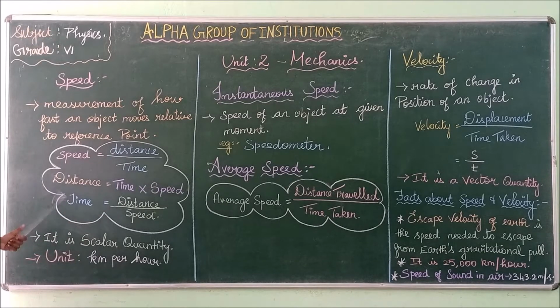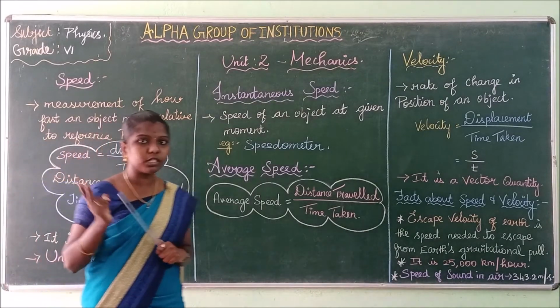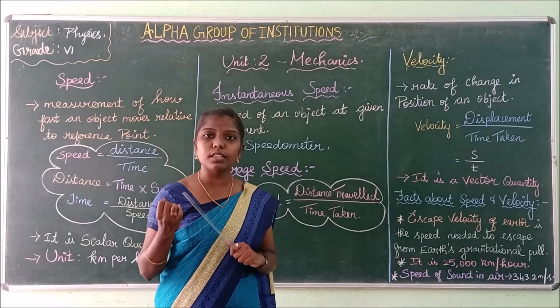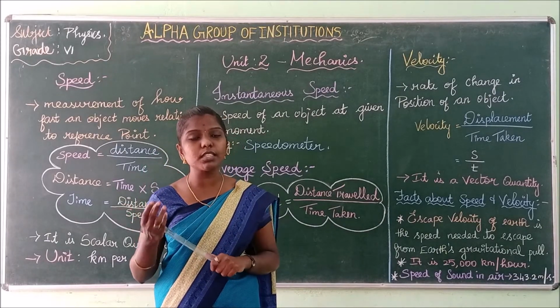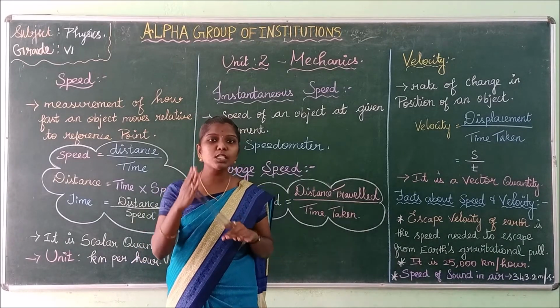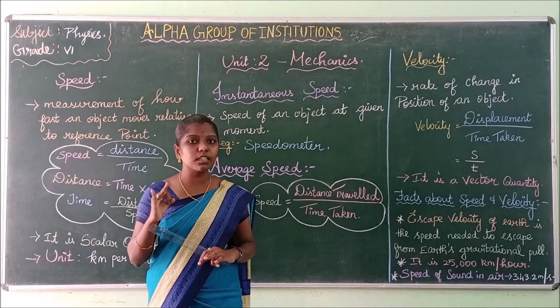Is it clear? Now, speed is a scalar quantity. What is meant by scalar quantity? Quantities are of two major types, namely scalar quantities and vector quantities. Quantities that have only magnitude are called scalar quantities. Listen carefully.